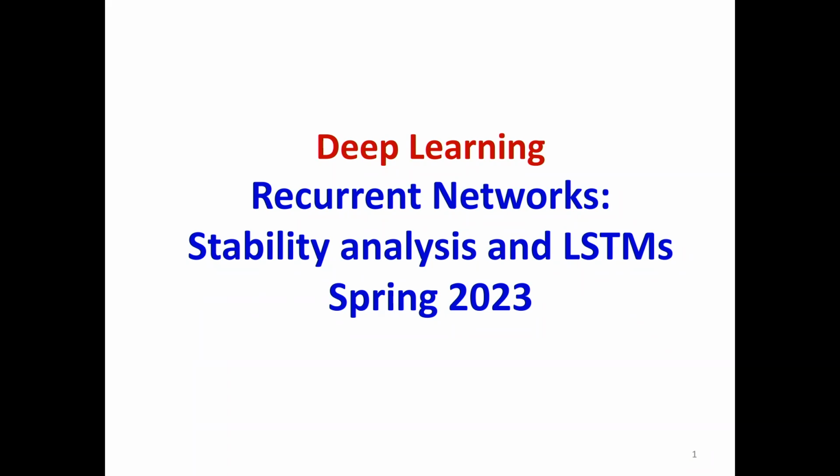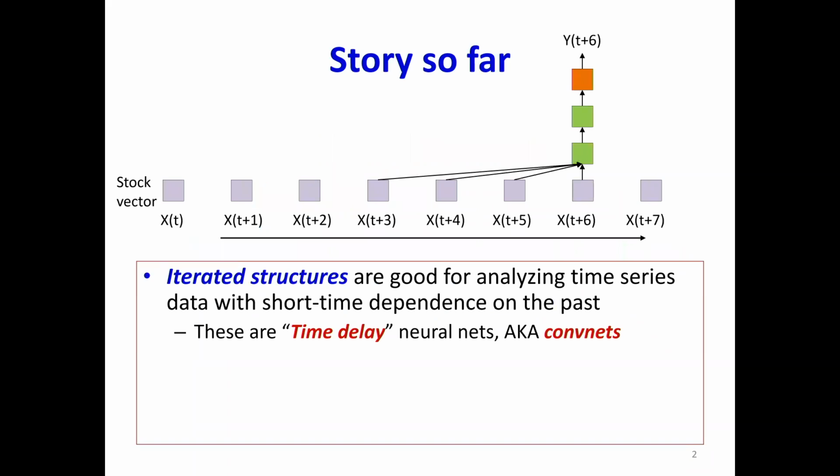Anyways, here's where we were. The story so far was that iterated structures are good for analyzing time series data with short duration dependence on the past. So if, for example, making a prediction today could benefit from knowing what happened in the past 3 days, you'd have a structure of this kind.